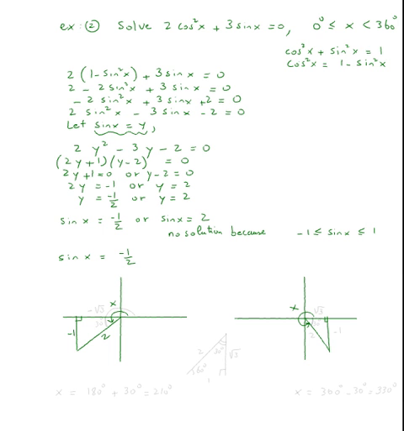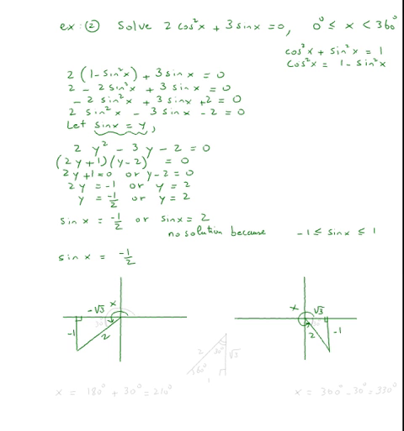For the other case, this side is -1 and this is 2, which means that this side is -square root of 3 and this side is equal to square root of 3.